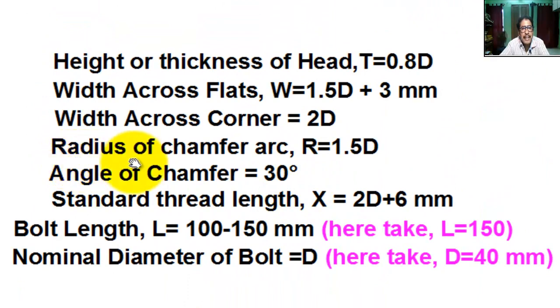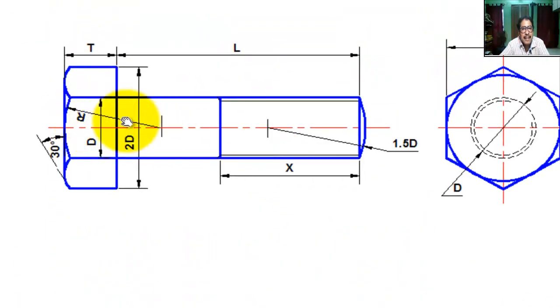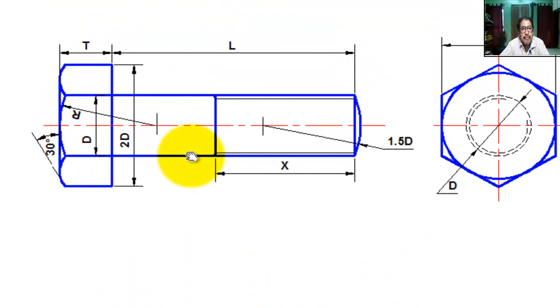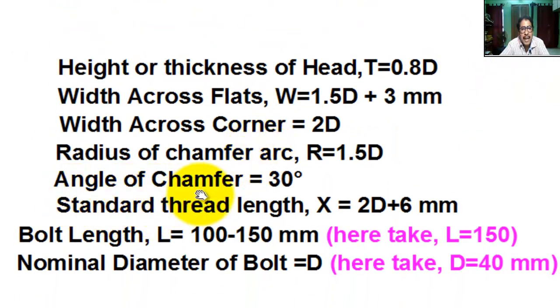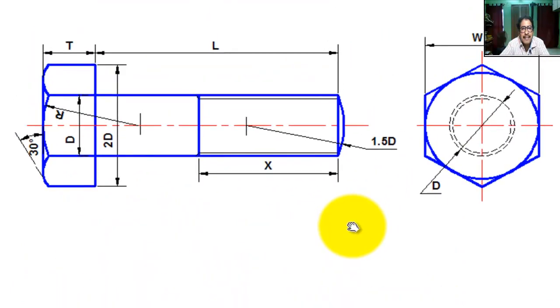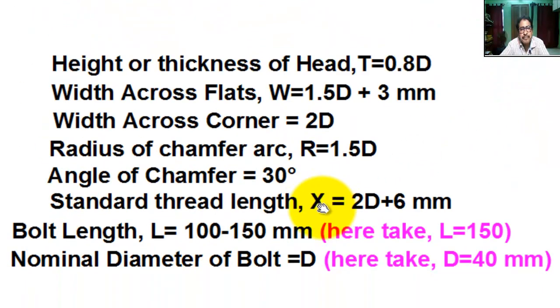Now radius of chamfer arc R equal to 1.5D. Now angle of chamfer equal to 30 degree. Standard thread length X equal to 2D plus 6 millimeter.